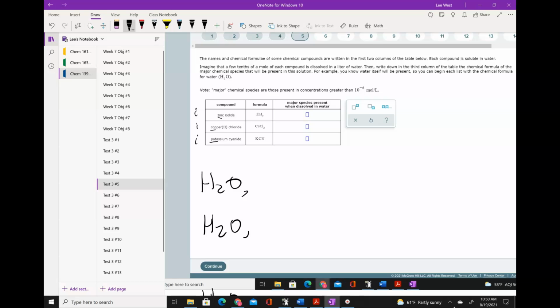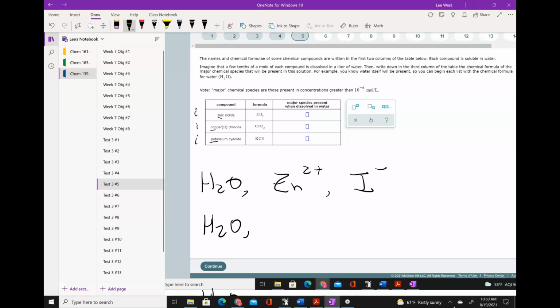And then now we've got zinc ions and iodide ions. Now zinc is always 2+. It's one of our exceptions. So we know that this will be Zn2+. And then iodine is in group 7A, so this means it will be I-. And the fact that these combine in a 1:2 ratio is consistent with the charges.